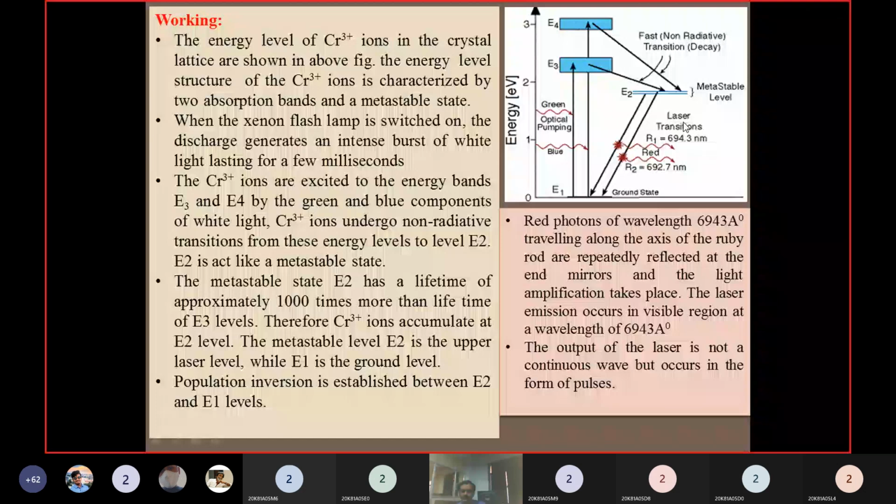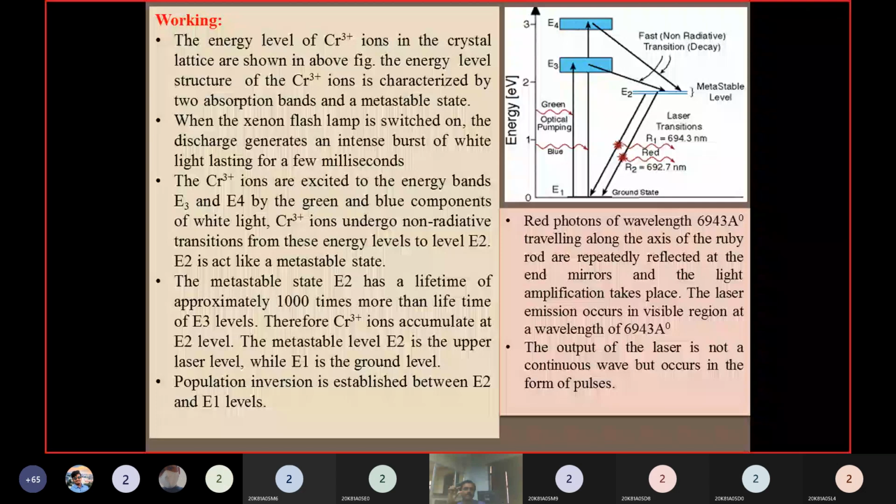The wavelengths are slightly different because the E2 energy level is not fixed to one particular energy. It is a band of energy, which means there is a range of energy values.